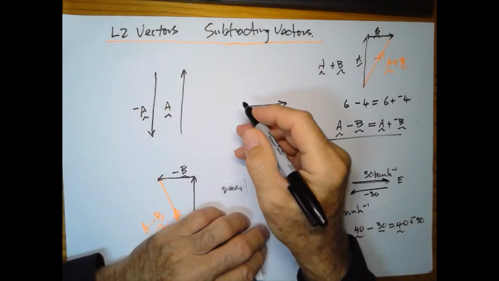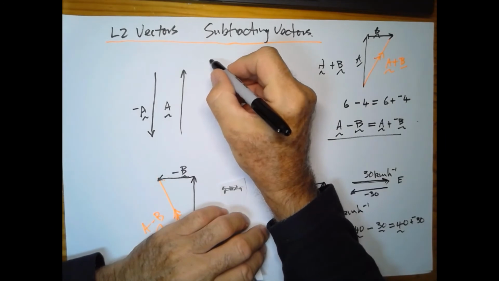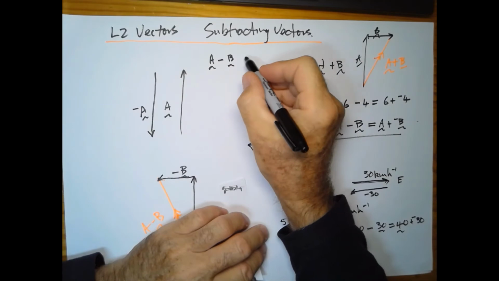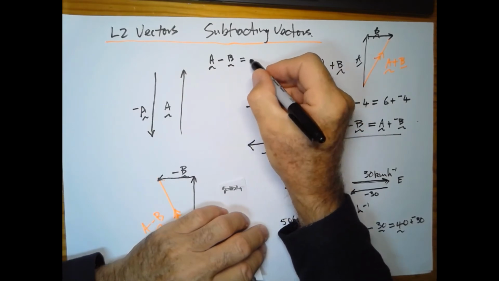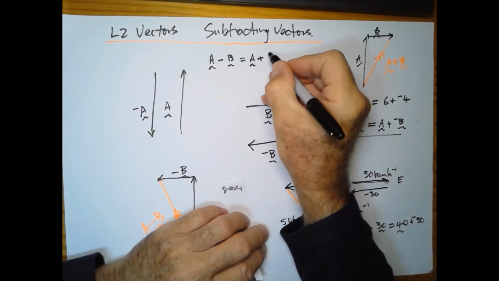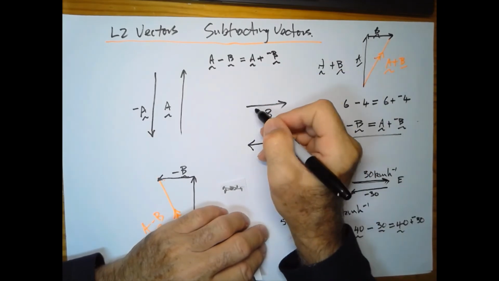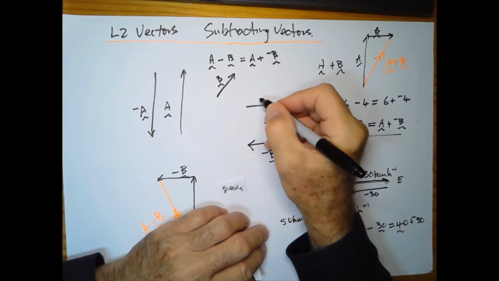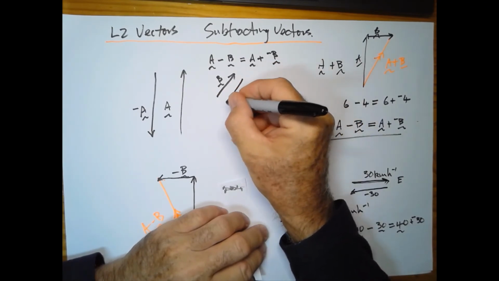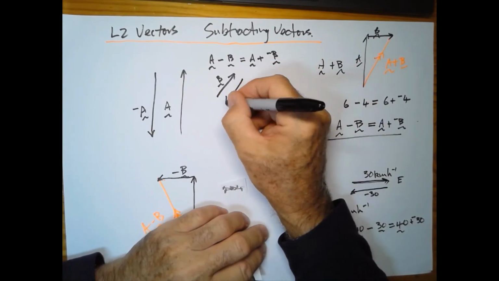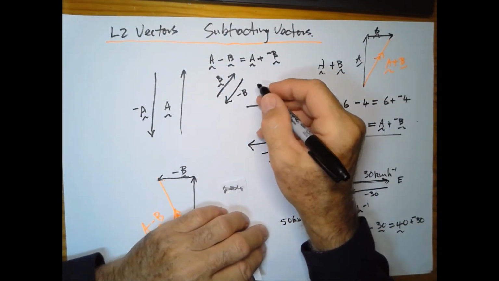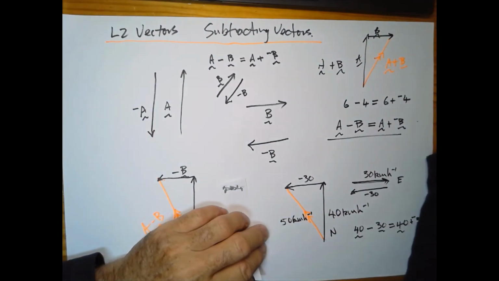Let me just repeat that: if we want to subtract a vector, A minus B is equivalent to A plus the negative of B, where if this is vector B, the negative of B is exactly the same length but in the opposite direction. So whatever vector we have, we simply need to swap the arrow around to the other end to end up with the negative vector.